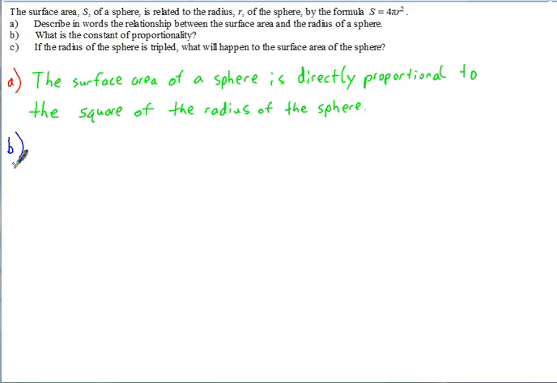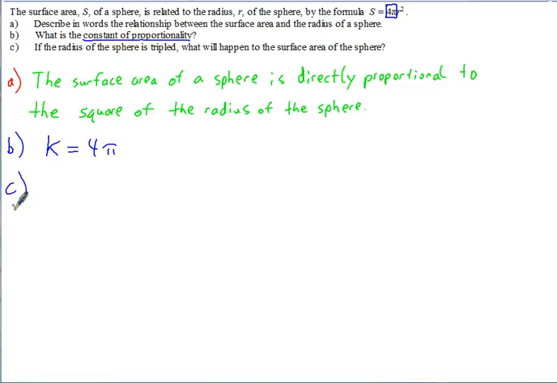All right, then part B, what is the constant of proportionality? What is that K value? Well, you can just look at the equation here and see where K would go. So K, our constant of proportionality, is just 4 pi.